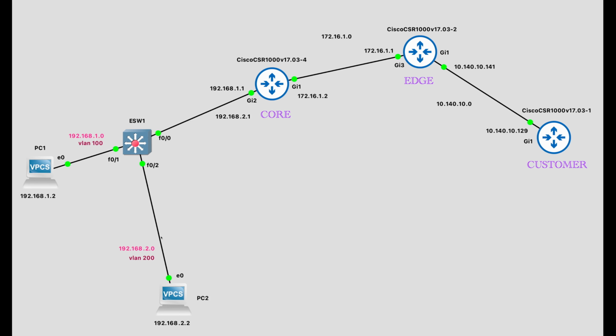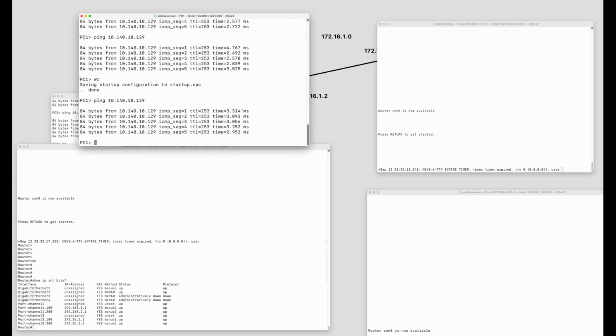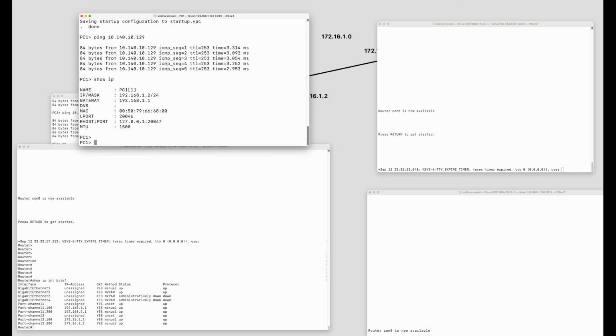First of all, let us look at the endpoints, the PC1 and PC2. So here is the PC1, and show IP. Its IP is 192.168.1.2 and its gateway is 192.168.1.1.